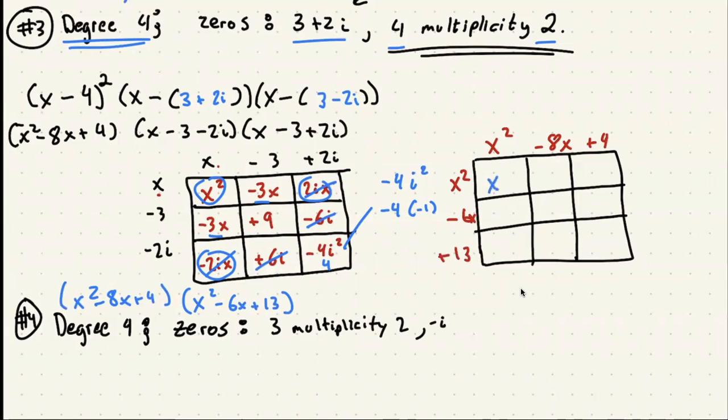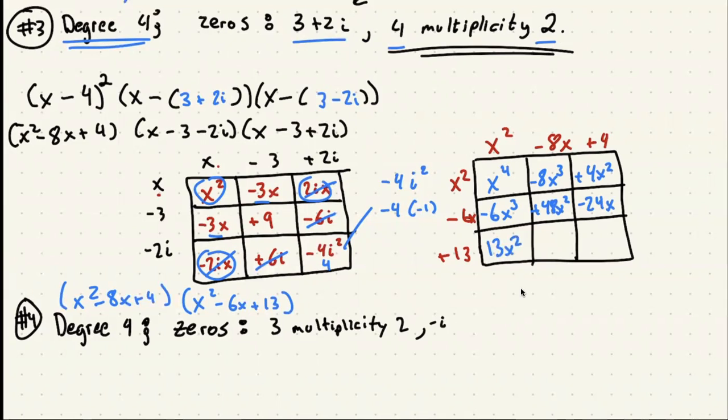x squared times x squared is x to the 4th, minus 8x cubed, plus 4x squared, minus 6x cubed, plus 48x squared. And then -6 times 4 is -24x, 13x squared.